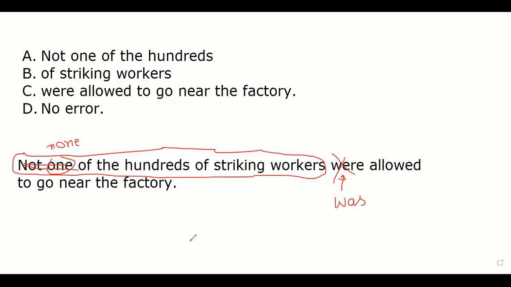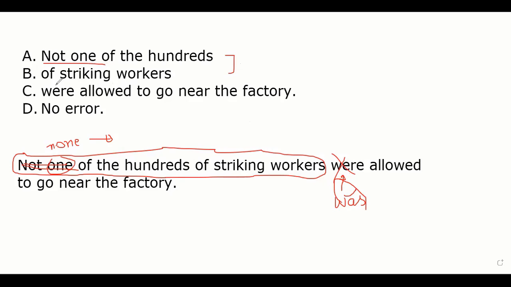Here none is used as singular, right? Yes, sir. So again this becomes was. Then you would have to change two parts of the sentence. But generally only one part has to be corrected so that the whole sentence becomes correct. So if you change it to none, again it has to be was only. That is why this is not a problem.